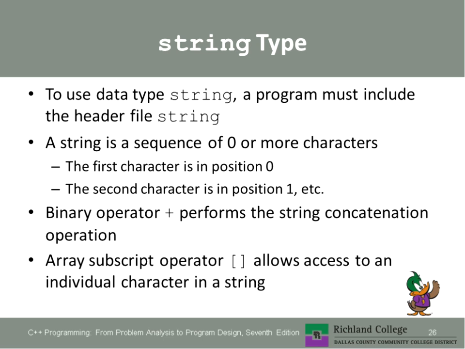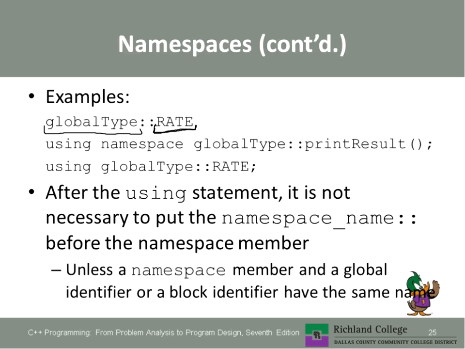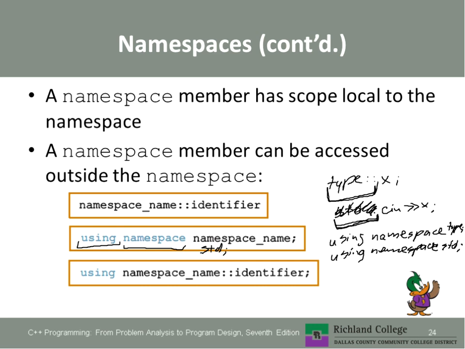So what if we want to update the value of the global identifier? Well, you would do the same thing. Let's say we want to update X. Then you would say type::X equals, let's say, 5. So nothing changes at all. You just have to tell exactly which identifier you want to change.